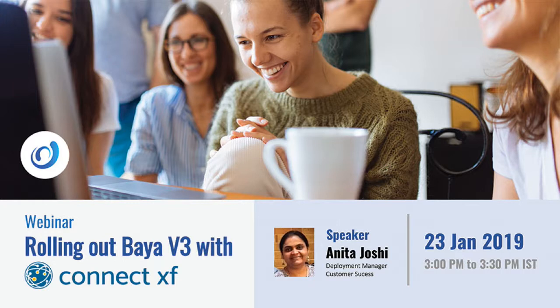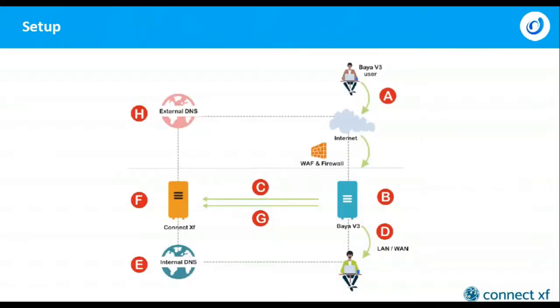This is Anita Joshi. In today's webinar, we are going to see the steps to roll out BIA v3 for your in-premise setup. So let's get started. This is how the setup will be after deploying the BIA 3 server.